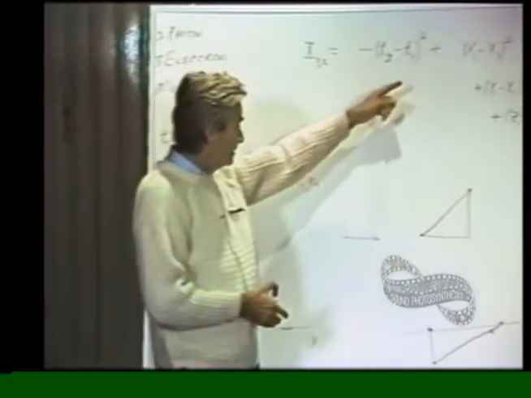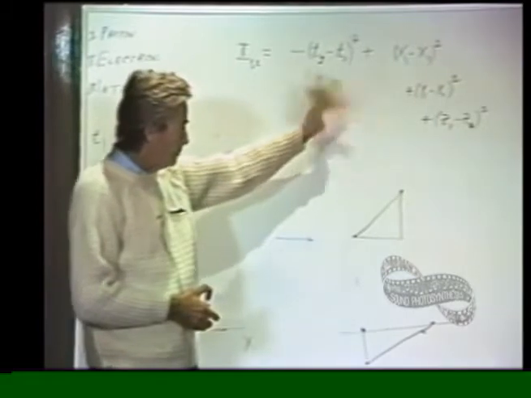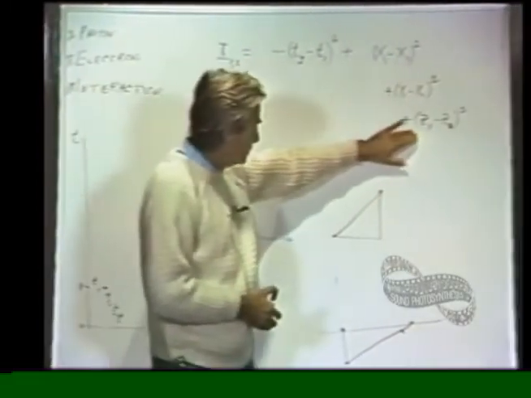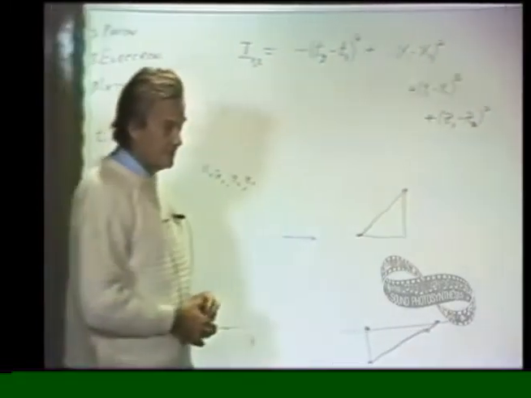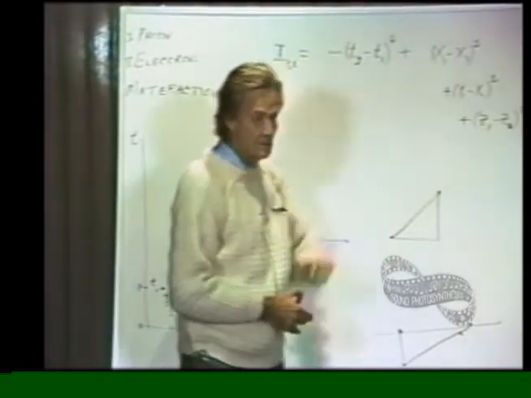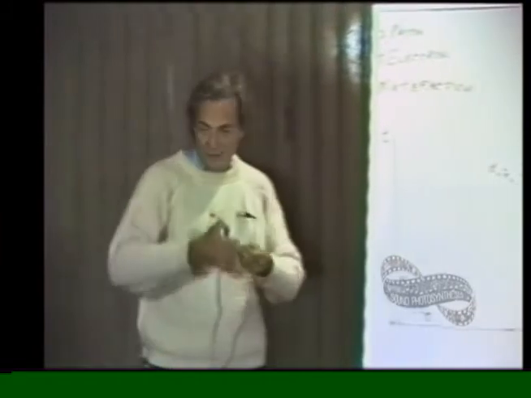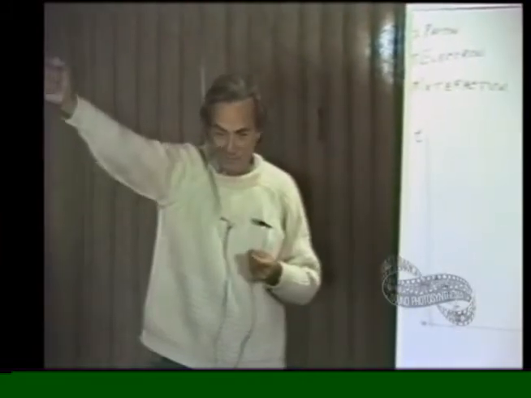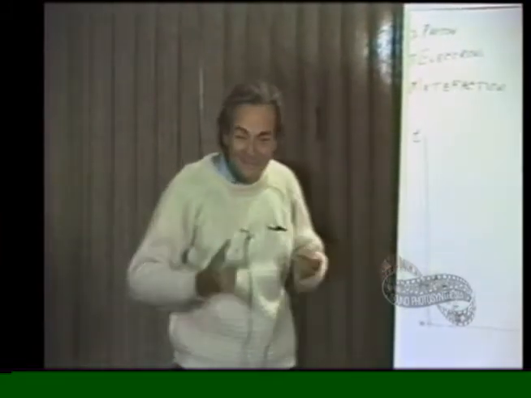It's 1 over this distance, and it's therefore very, very large, and most important only when this square matches this. That corresponds to saying that the time difference is equal to the distance, which is the way light goes when we're studying light.